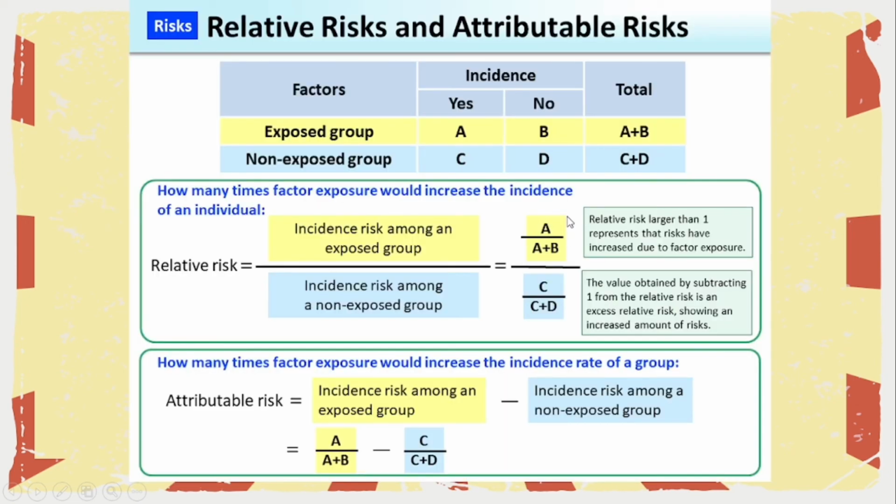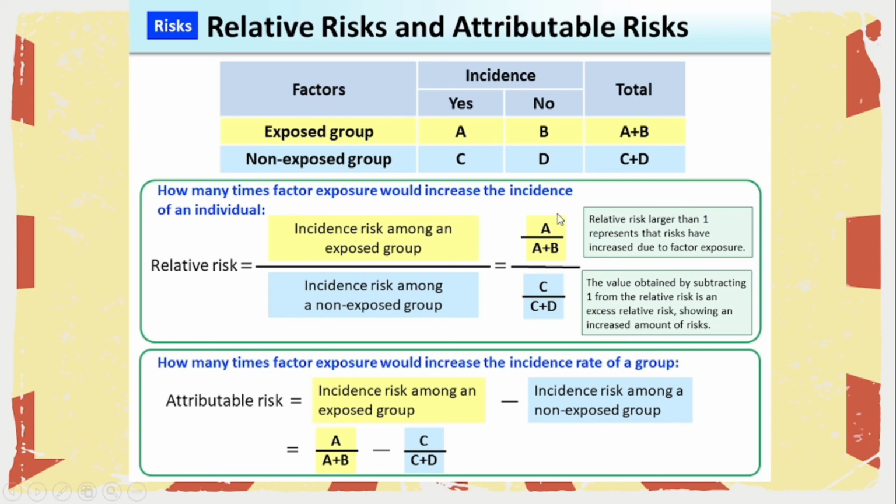Di ba po? So, kung babatuhan tayo ng example, A divided by yung total. Kung ano yung nandito, kunin mo, A, substitute, and then yung total, substitute, divided by, kunin mo naman yung incidence risk among non-exposed, yung C, divided by C plus D.